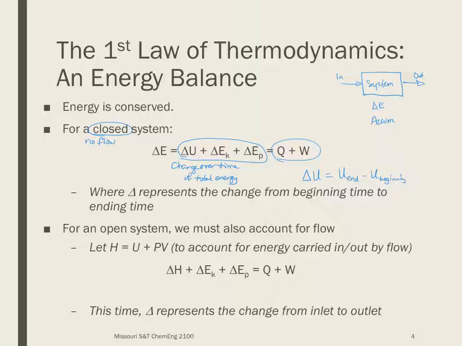Now, if I have a system where I have flow, then I'm going to call that an open system. So now I'm going to have flow. There are many, many cases, and we're going to only for this course do the case where there's no accumulation.